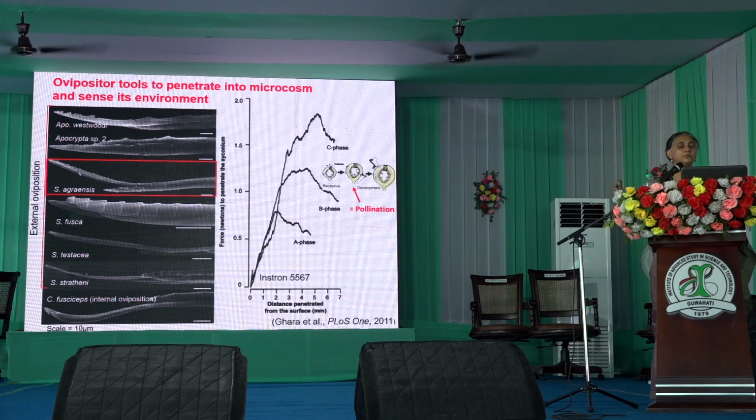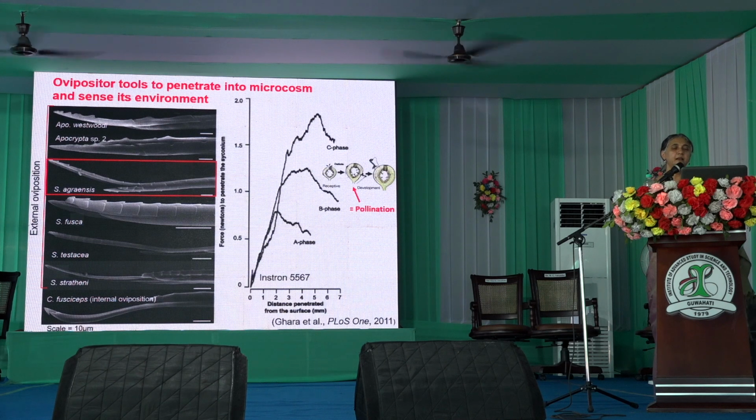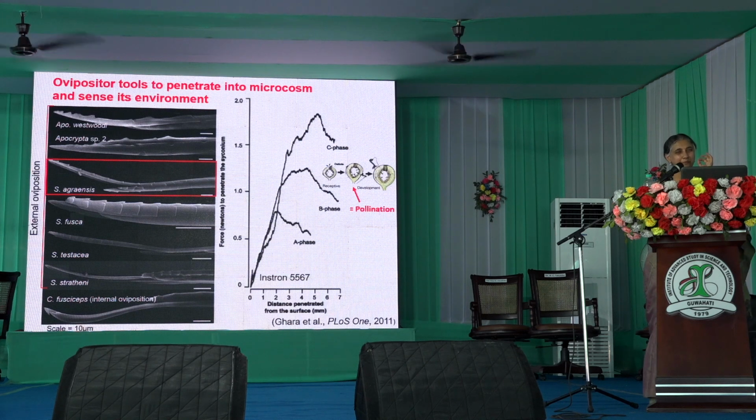Despite that, you can see that the ovipositor has all these fantastic tools to cut into the microcosm. Using very sophisticated equipment, we have even measured the force that the ovipositor has to exert to penetrate into the microcosm, in newtons and micronewtons.